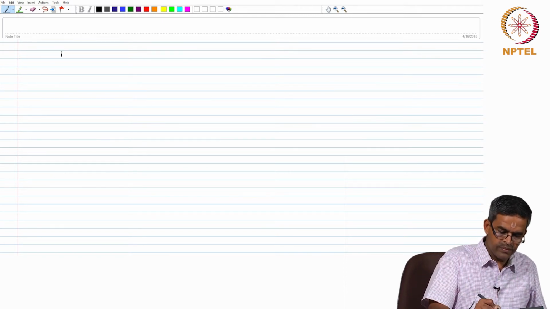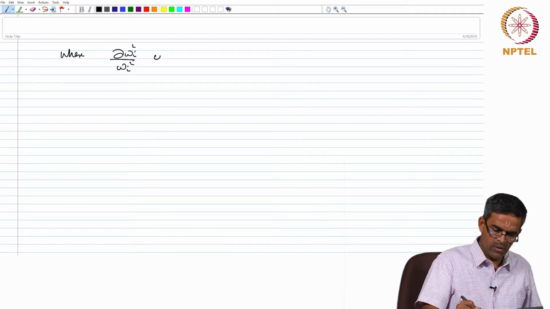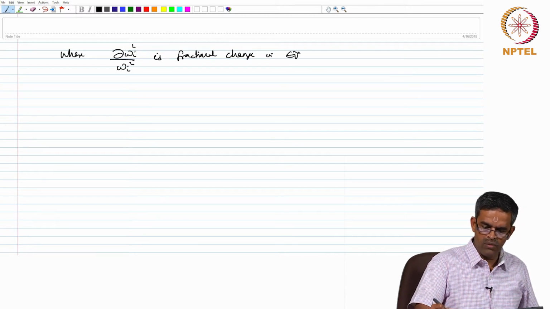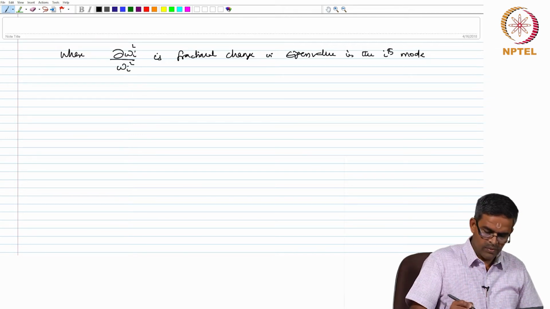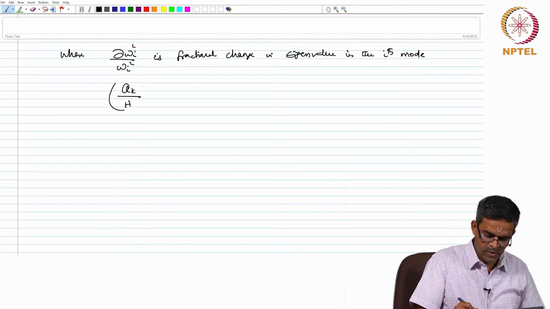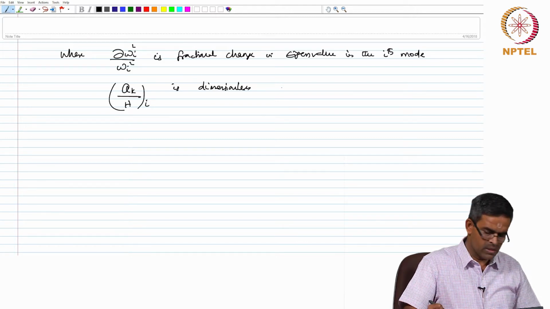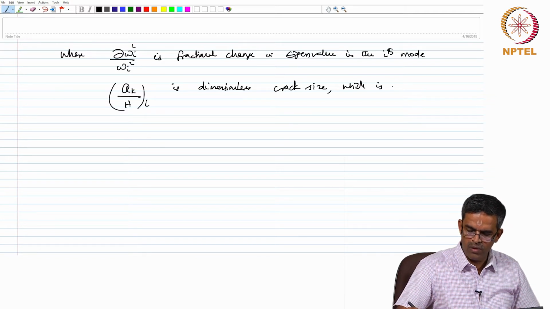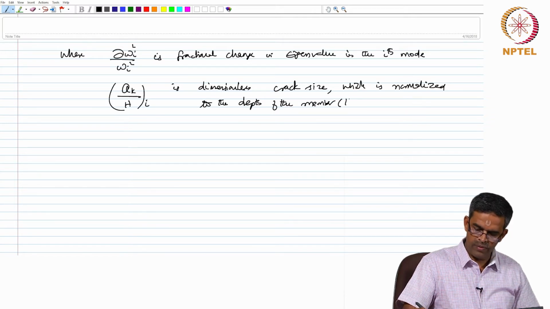where dou omega i square is the fractional change in eigenvalue, ak by h is dimensionless crack size, which is normalized to the depth of the member, which is in this case h.